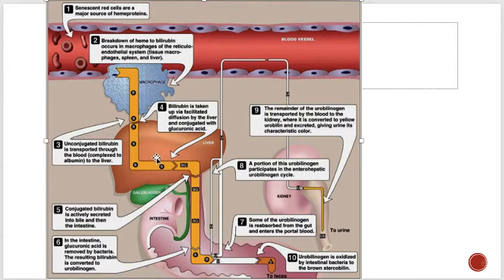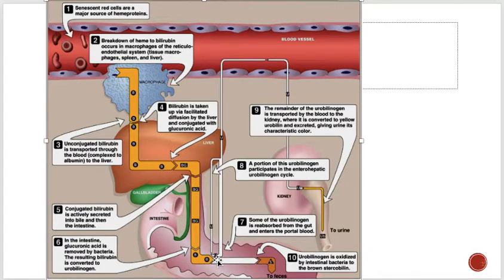After this conjugation, the conjugated bilirubin is secreted into the bile, and from the bile it enters the intestines. In the intestines, the glucuronic acid is removed from the conjugated bilirubin by the bacteria, and the resulting bilirubin we call urobilinogen. Urobilinogen is the water soluble one.